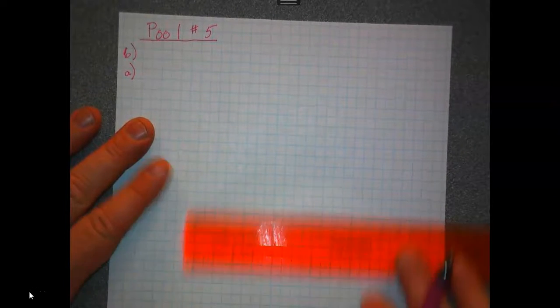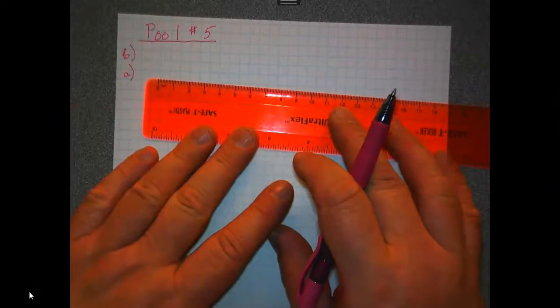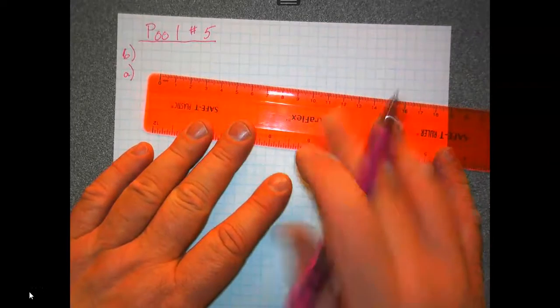Okay, 6A. First thing we have to do, draw our pool. Now this one's kind of strange. I actually did this wrong the first time because the dimensions were kind of in a weird spot. So it looks like we have a 3 by 4 foot pool.